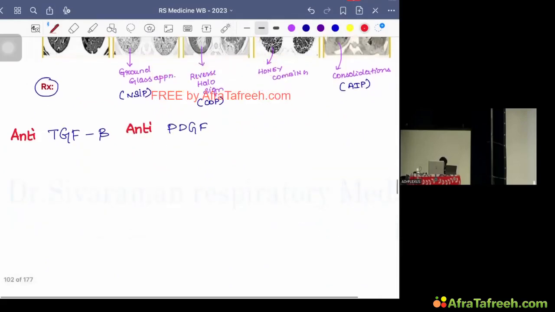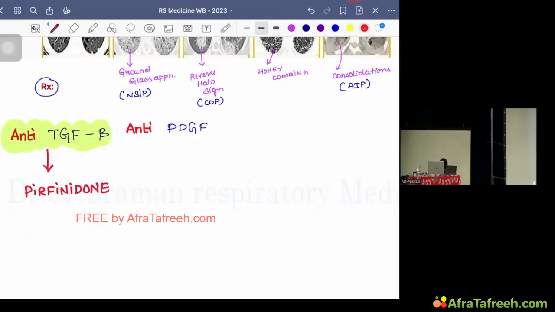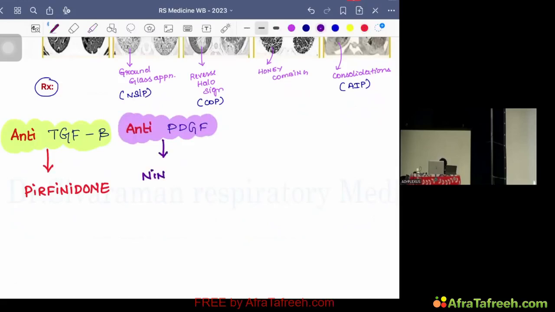In anti-TGF beta, we have a drug called pirfenidone, and we have an anti-PDGF drug which is called nintedanib.